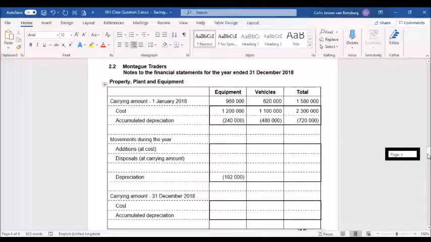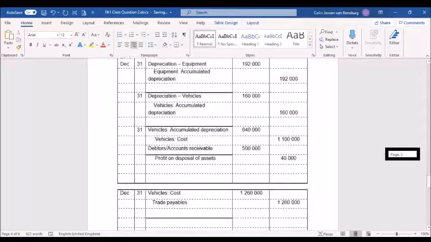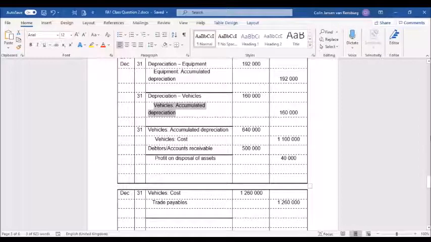So now let's go and return again to our journal entries. What else did we have? There we see that we had an account depreciation dash vehicle. So that represents the depreciation expense on the category of property, plant and equipment that we call vehicles. And again, most importantly, we see that we have credited the vehicles accumulated depreciation account with 160,000 rands, right?